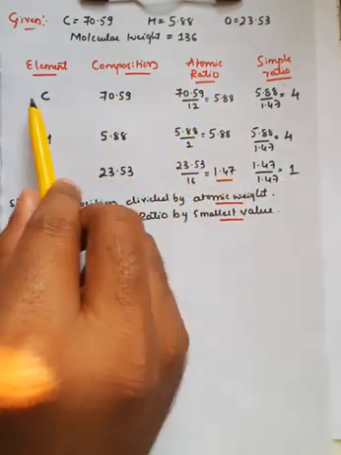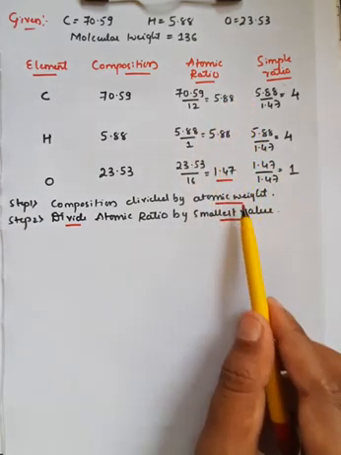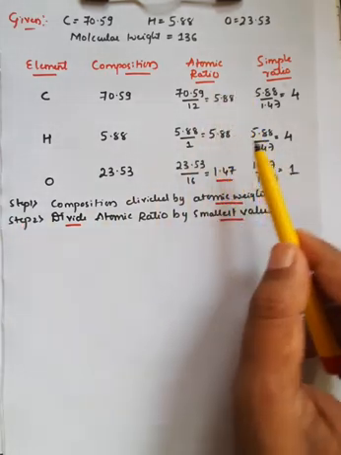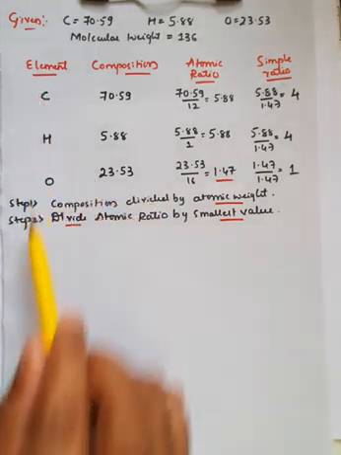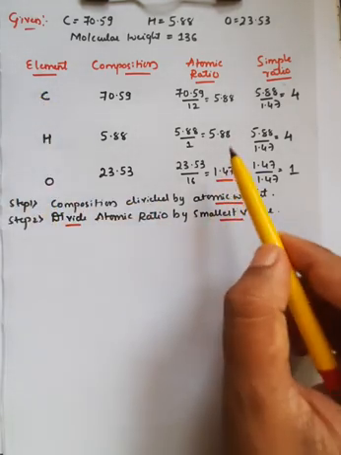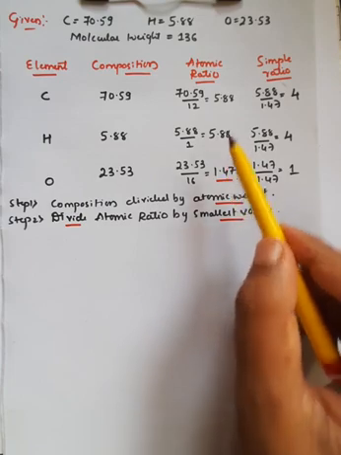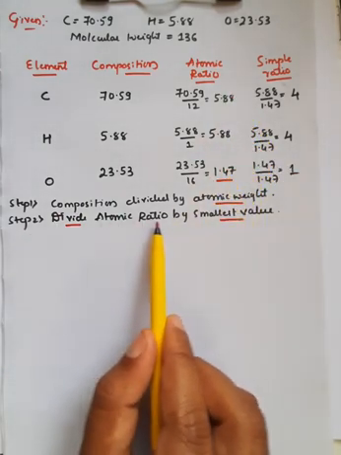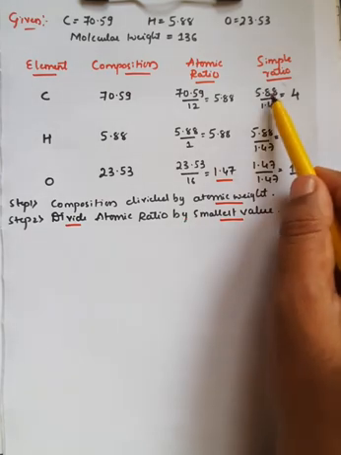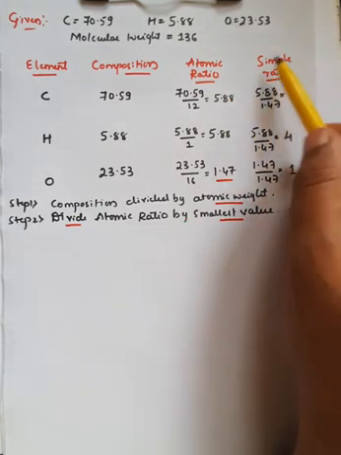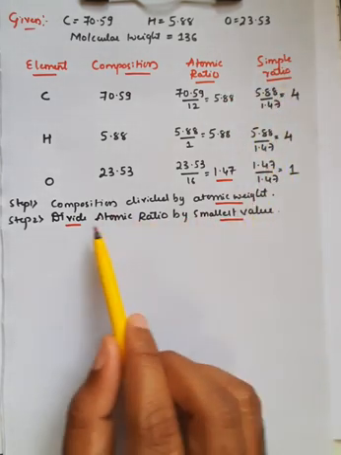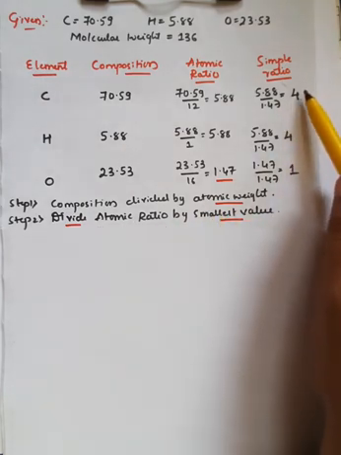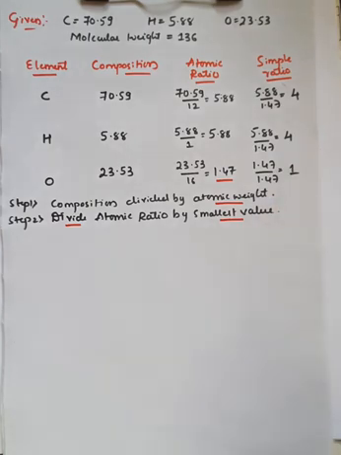In the second step, you choose the smallest value among the values and divide all the values by it. To calculate the simple ratio, we divided the atomic ratio by the smallest value, and we got 3 values: 4, 4, and 1.